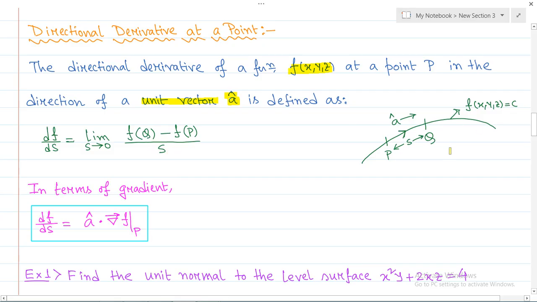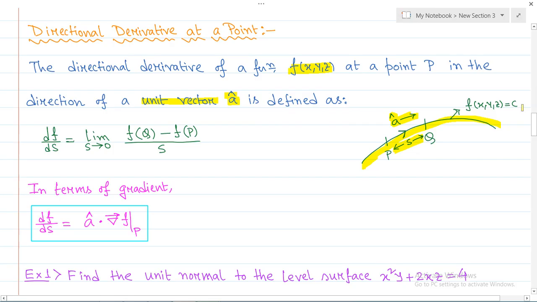What is the meaning of this? Suppose we have a level surface, that is one of the surfaces that I have drawn here. Now we are considering two consecutive points having the arc length s between them. So p and q are two consecutive points with arc length s, and a cap is a unit vector which is crossing over the level surface toward a particular direction.